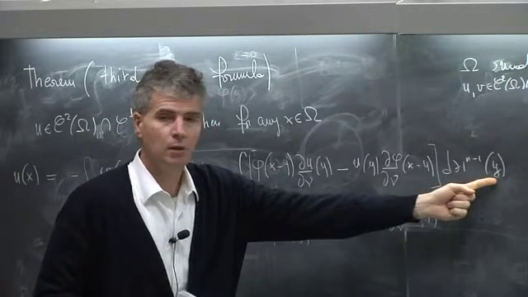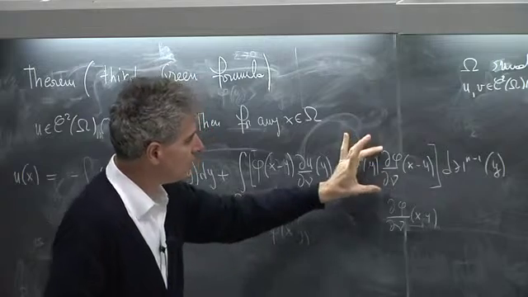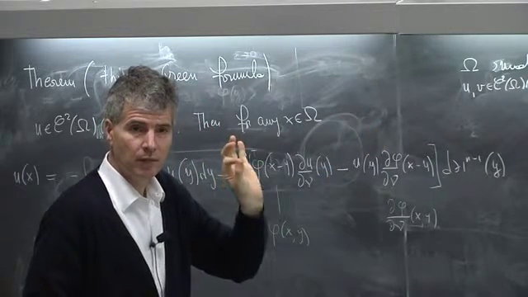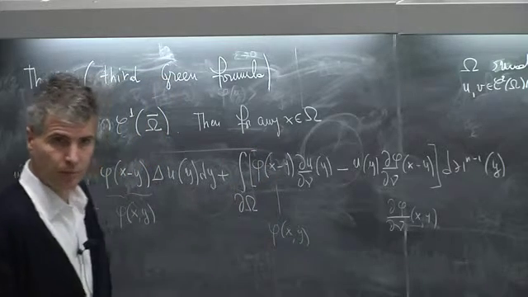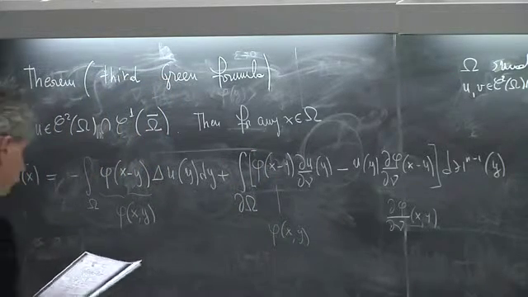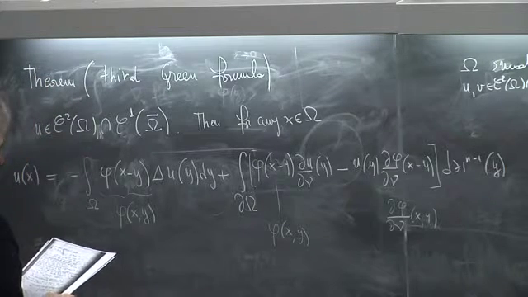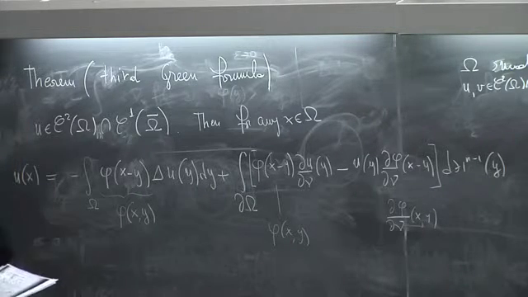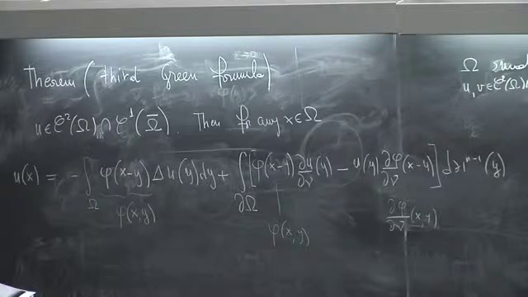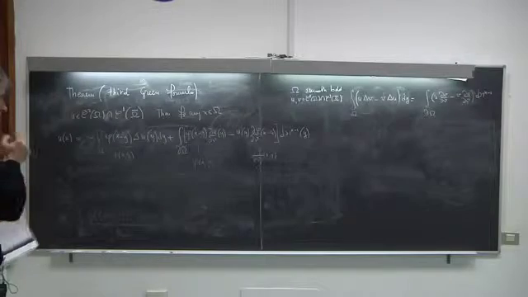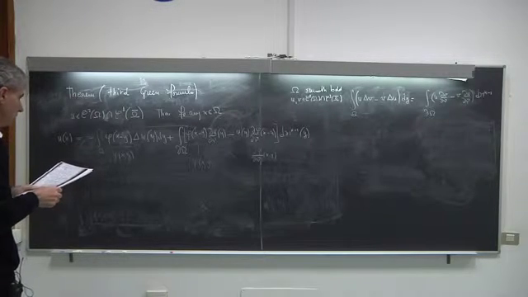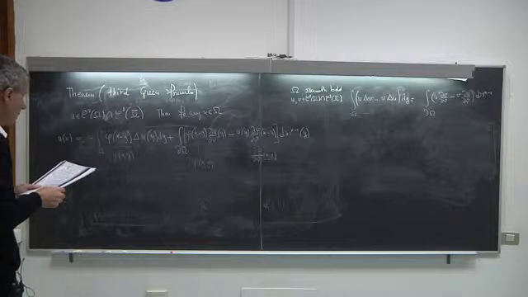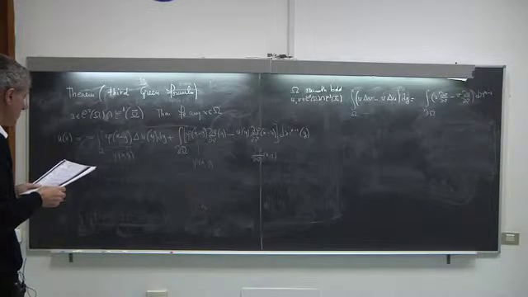Because now the variable of integration is y. Therefore, this is the gradient of phi with respect to the variable y, scalar product nu. Okay? Let me check the signs if they are correct. The plus, and the minus.